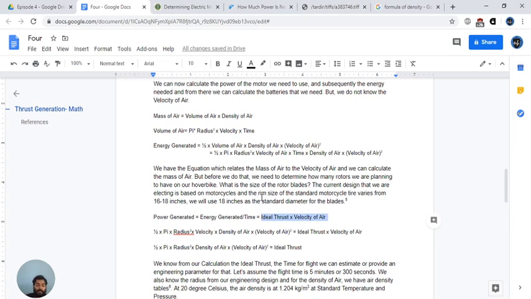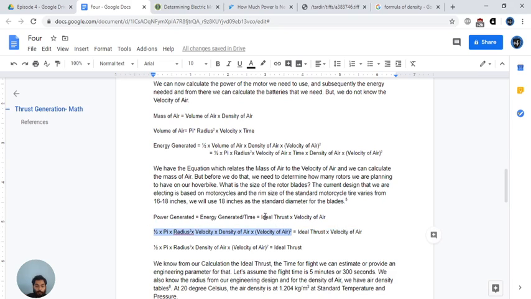Right? We calculated this and I explained this to you earlier. So from there, we're substituting energy generated over time with this equation over here. Okay? Right over here. Now there's time, and time cancels each other, and you get this equation.